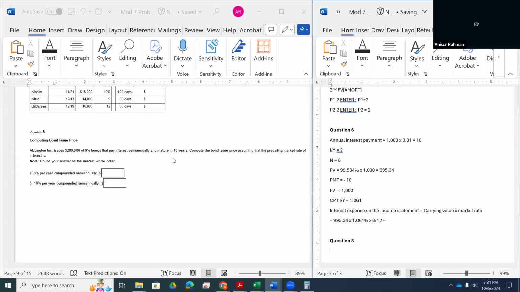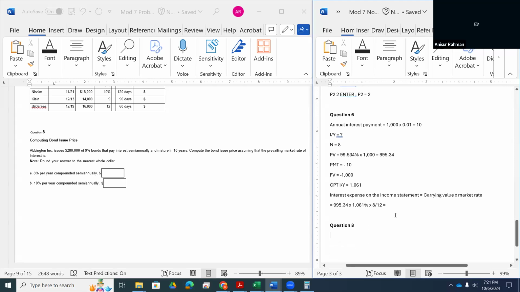Assuming the prevailing market rate of interest is 8% per year compounded semi-annually, 10% per year compounded semi-annually. So for A, what we have here is issues $280,000, 9% bonds, pay interest semi-annually, mature in 10 years. So N is equal to 10 times 2, 20, semi-annually and 10 years.